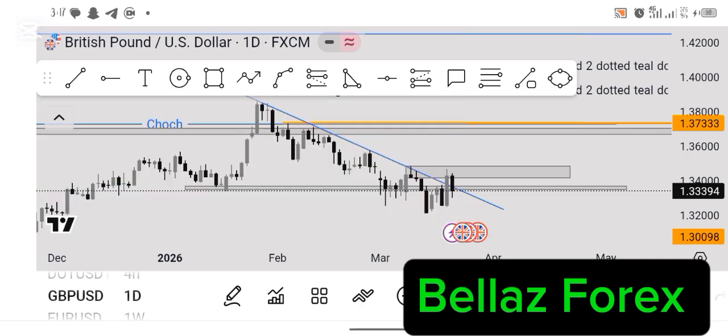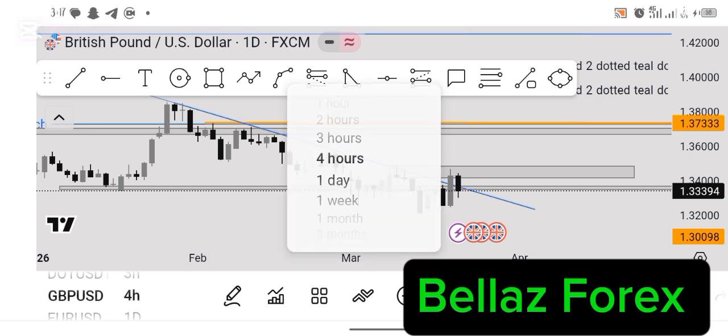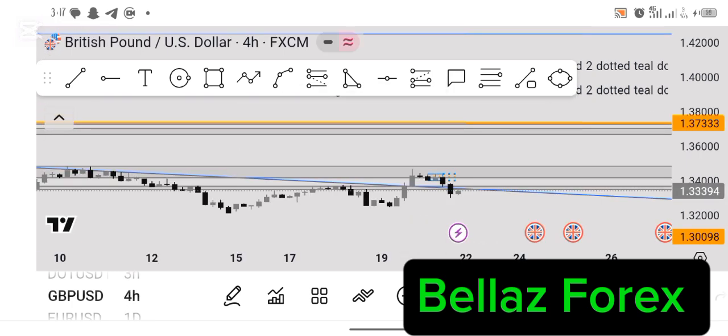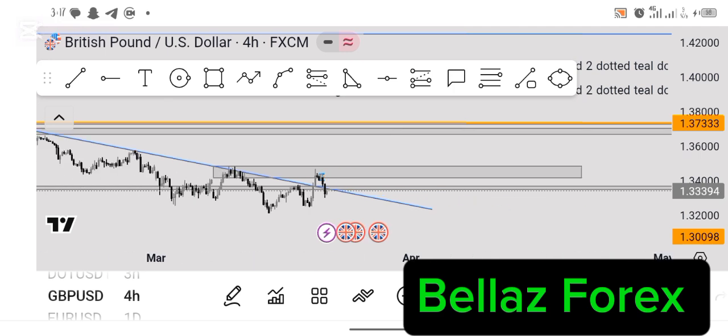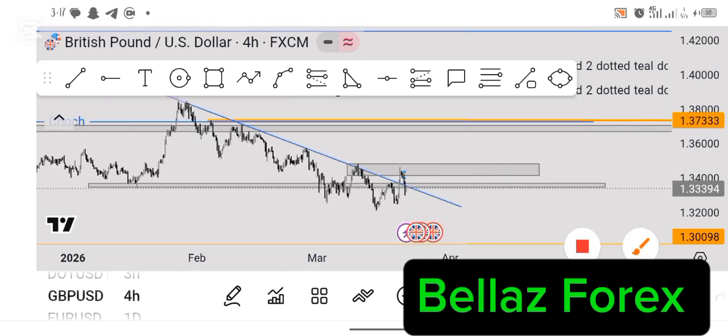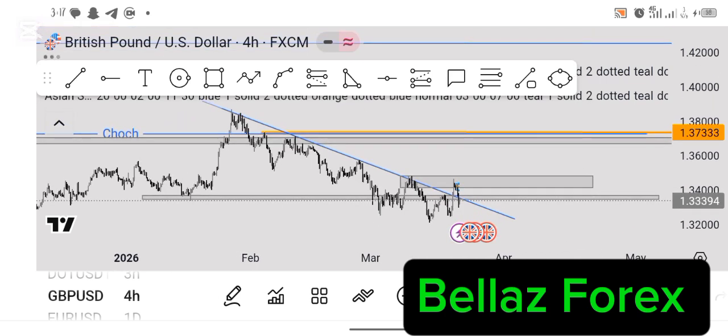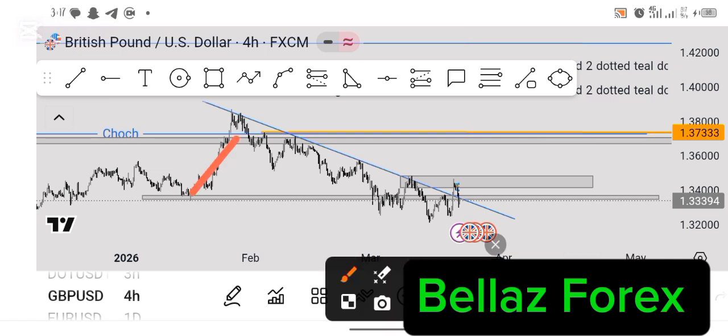Now last week, what price did was on the 4 hour, remember this is a chalk to sell, right? Price came, rejected, this is a chalk, price broke. After the break, price was supposed to continue selling, of course, which it did.